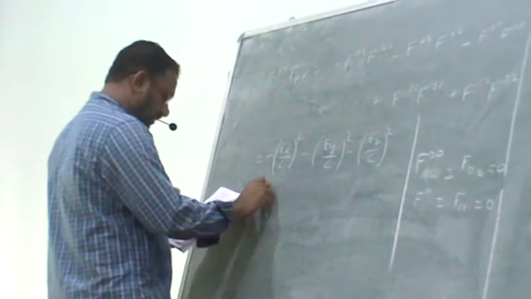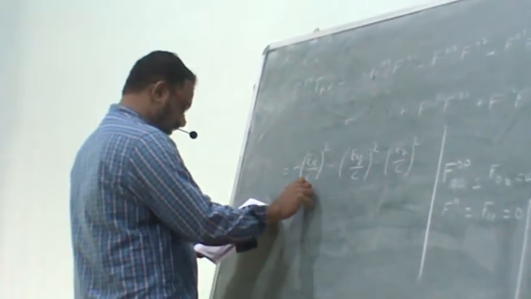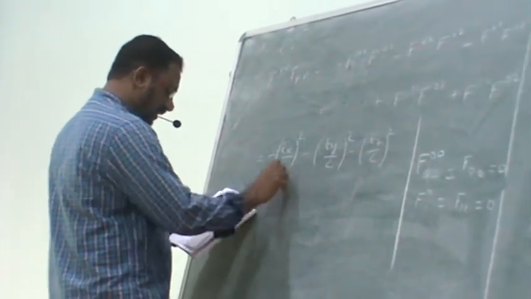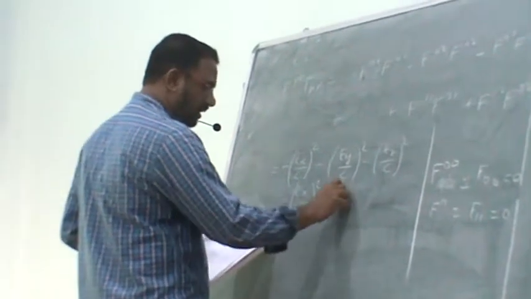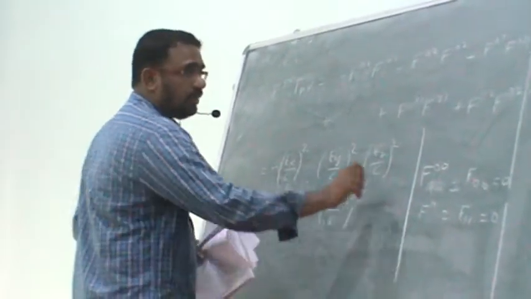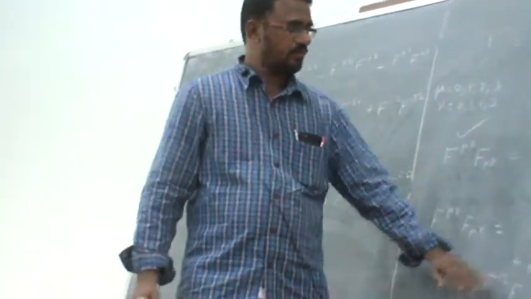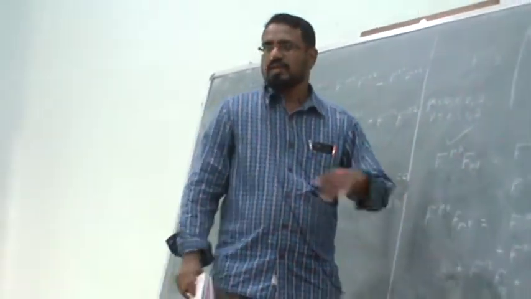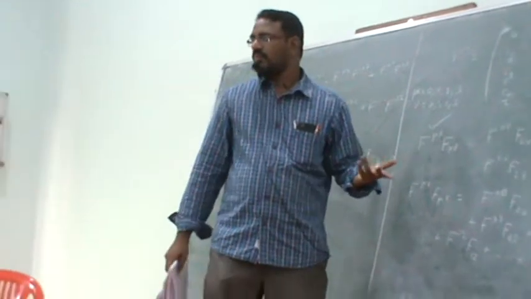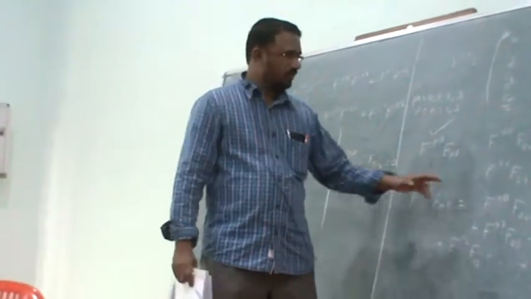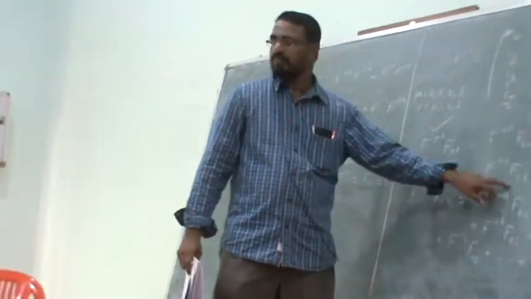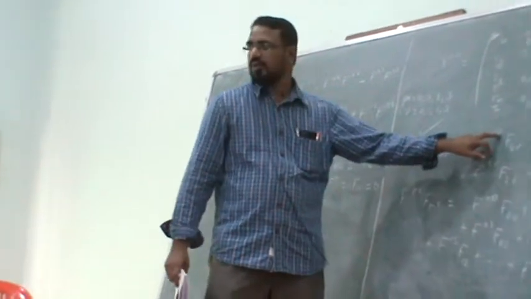So the 3 terms. Then you will get once again Ex by C the whole square, Ey by C the whole square. You will get how many terms here? 16 terms. 16 minus 4. No, this is 4 terms, 0, 1, 2, 3, 4.